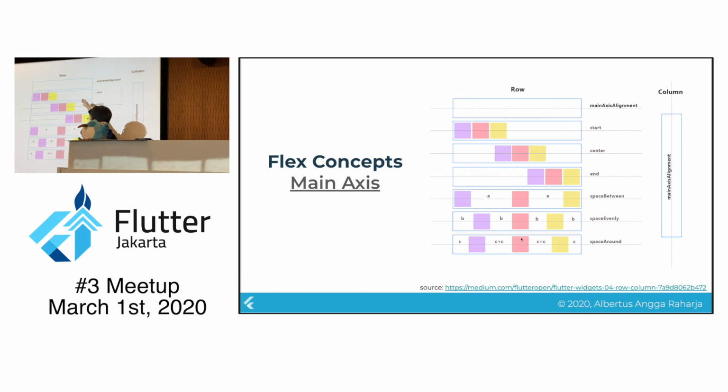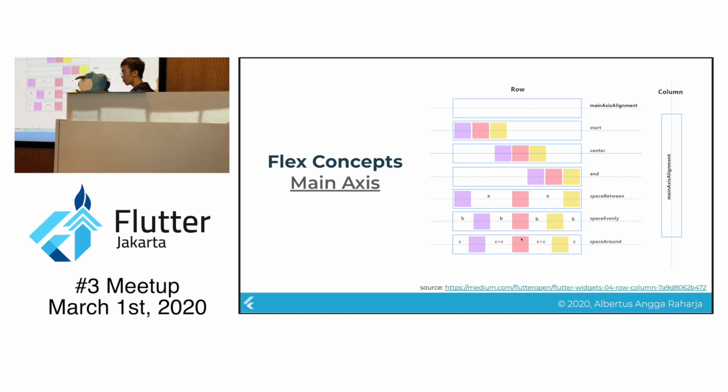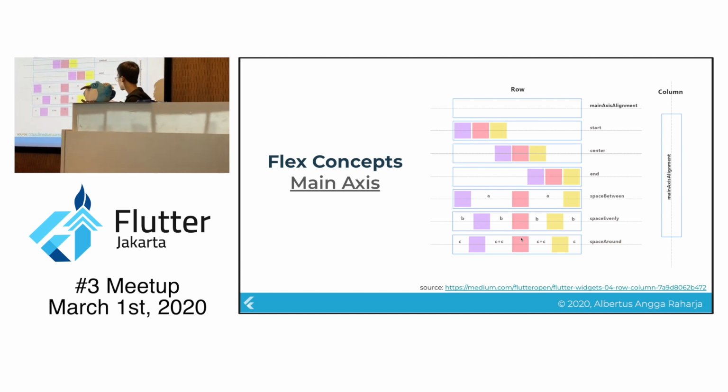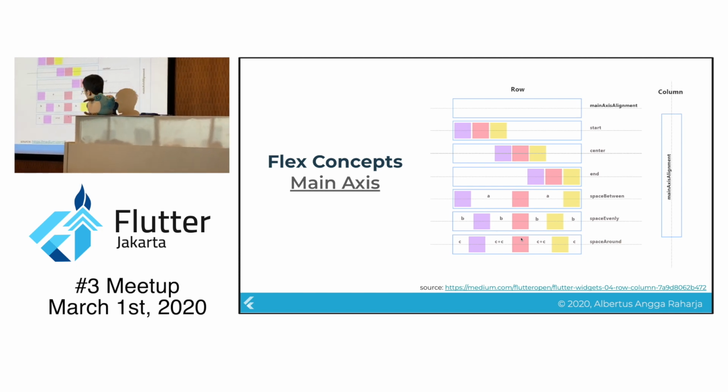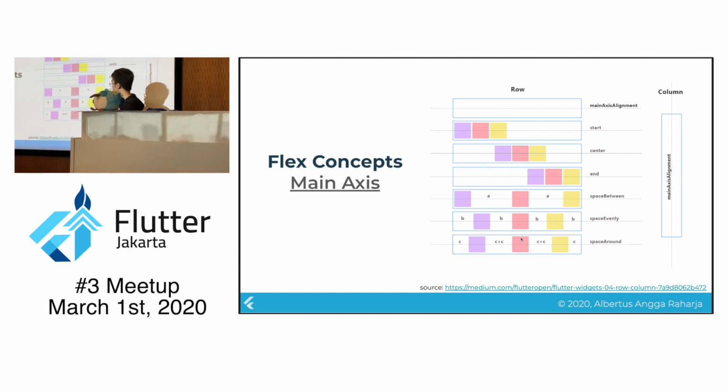If you declare start, it will be laid out at the start, and with end, it will be laid out at the end. But for space between, there will be exactly the same space between one child and another child. With space between, there will be no leading space and trailing space. So it will just be in between.